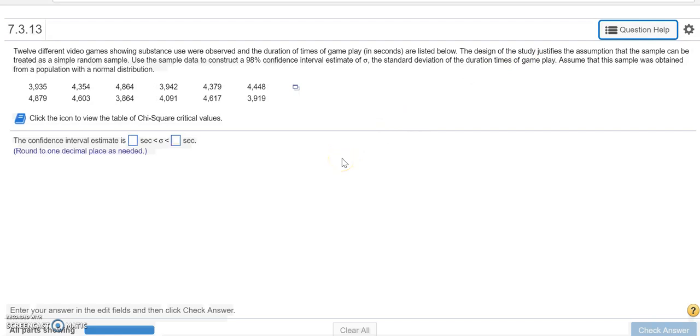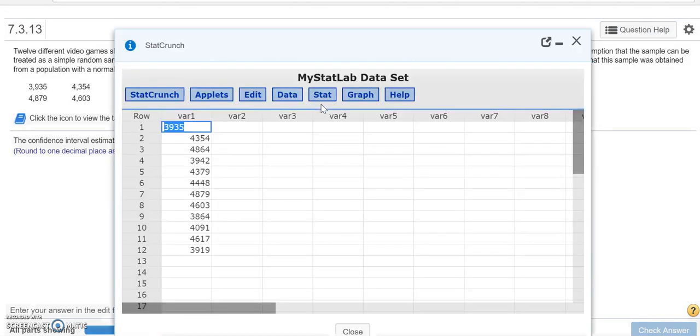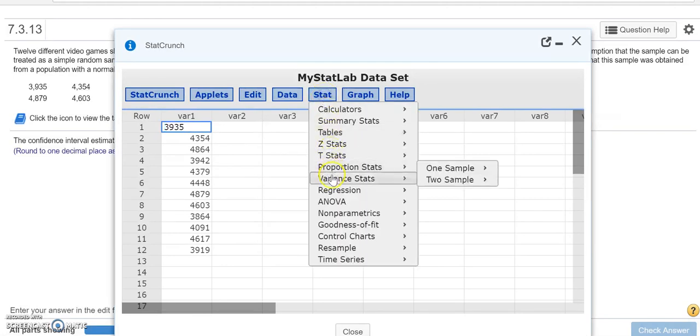So to use StatCrunch for this problem, where we're trying to find a 98% confidence interval for the estimate of the population standard deviation, we're going to do this. Next to the data, if we click the little box in the corner and choose Open in StatCrunch, this data is going to open up right for us in StatCrunch, which is convenient. Now if we go to Stat, Variance Stats, remember the standard deviation is just the square root of the variance.